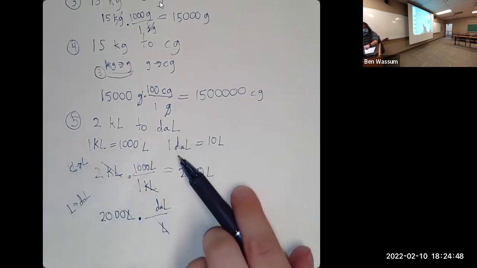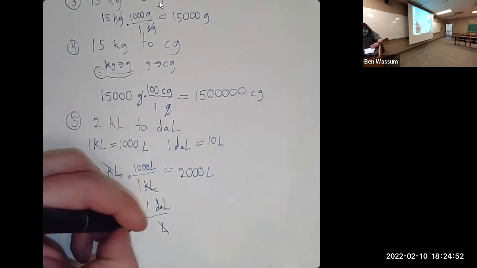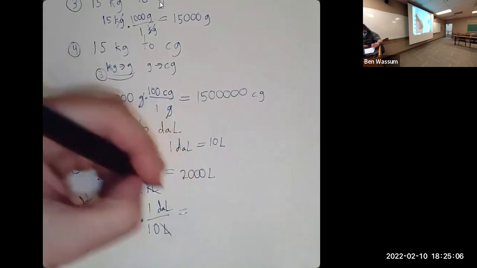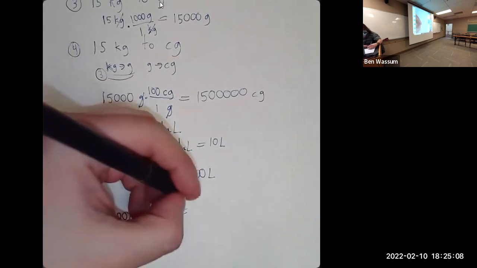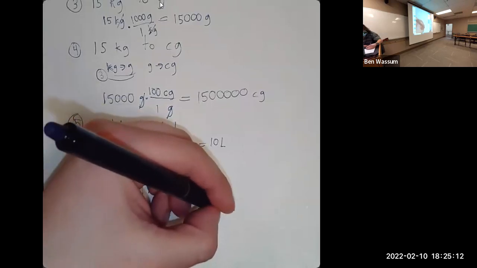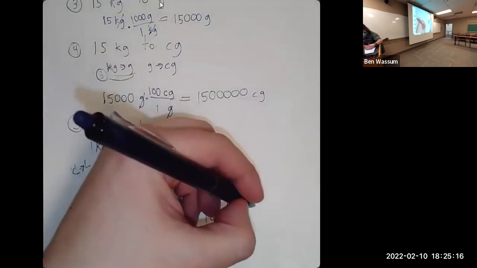Well, we know that 1 decaliter is 10 liters. So that's exactly where you want those numbers. You want 10 on the L and 1 on the DAL. Okay. So when you multiply through, we end up with 2,000 over 10 decaliters, which is 200.